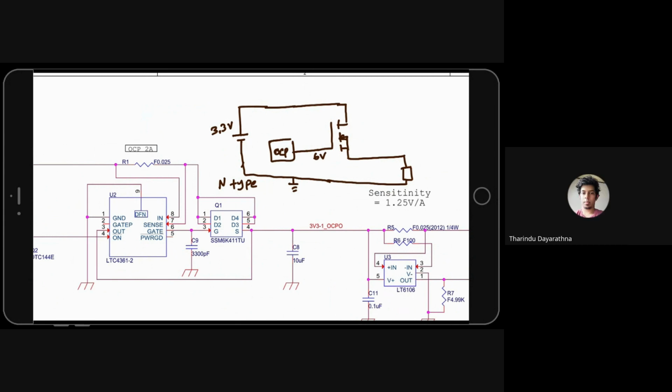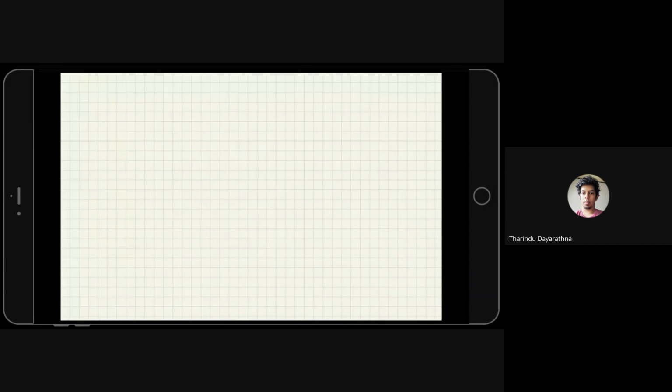Yes. So now we will see how this OCP triggering happens. This is how. So the OCP trigger. I replace the buck boost converter again using a 3.3 volt battery, and there's a very important resistor here.